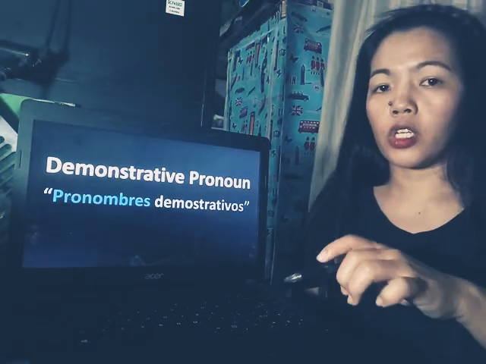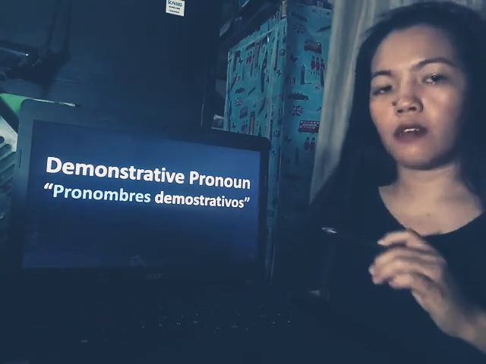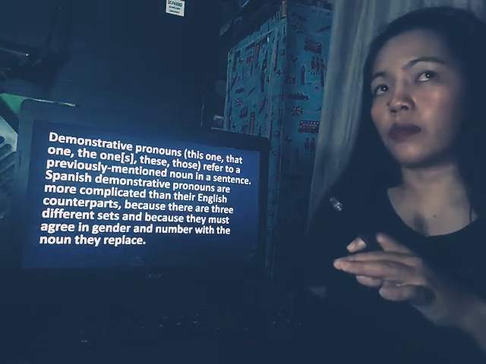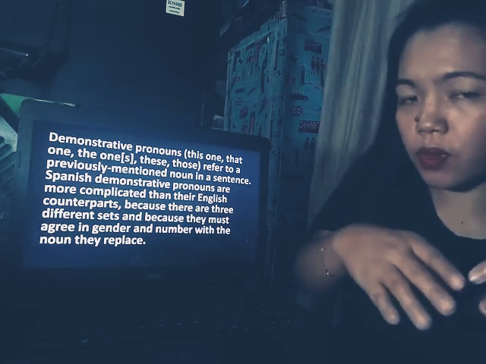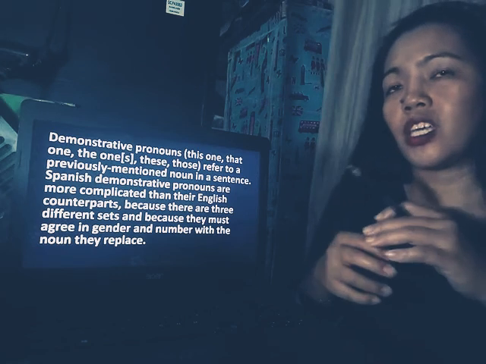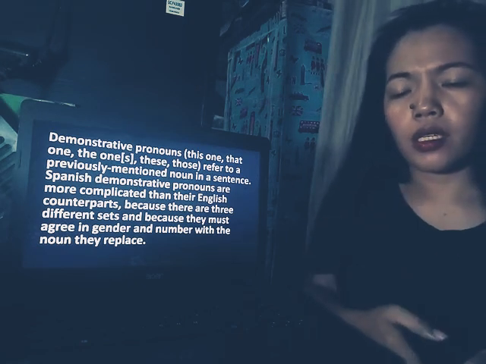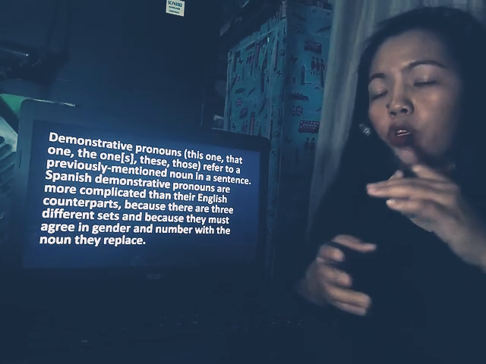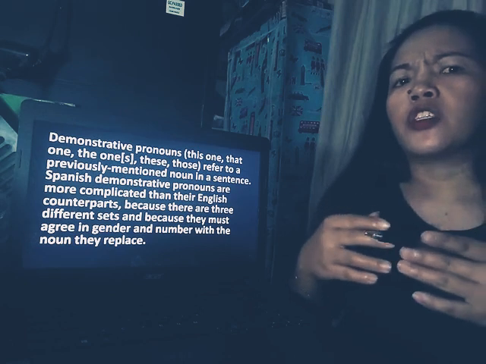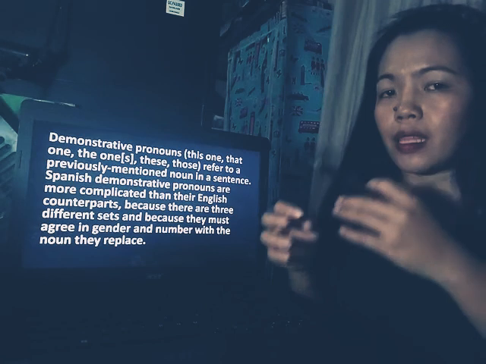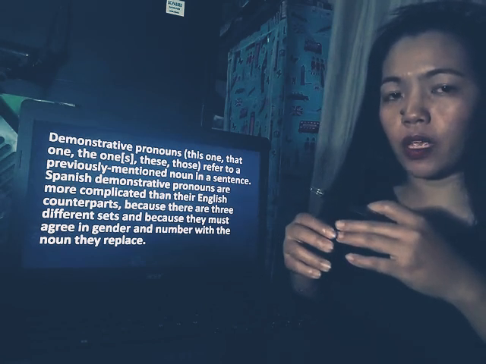Next, let's move on to demonstrative pronouns. Okay, or in Spanish, pronombres demonstrativos. Pronombre meaning pronoun, used to replace a specific noun, you can use only the pronoun. If you're going to just focus on the thing itself, instead of repeating the name, like camisita, you can use this, or just say ese.